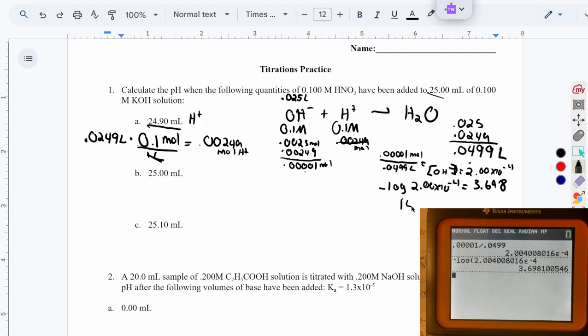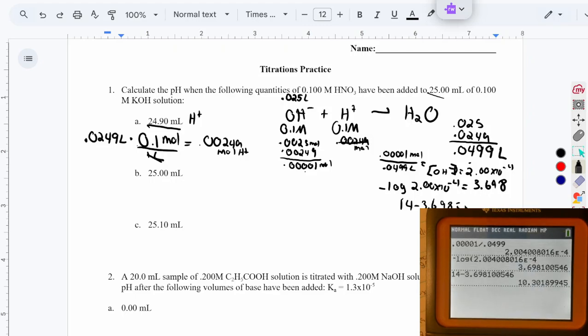So I'm going to do 14 minus 3.698. And 14 minus that number there is 10.3. So my answer for this one is pH equals 10.3.